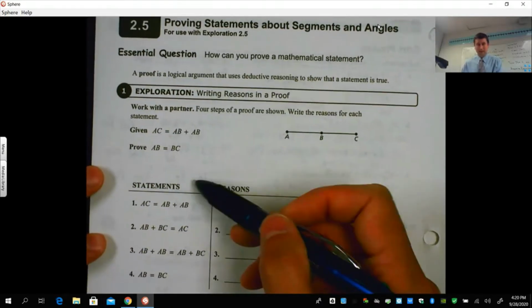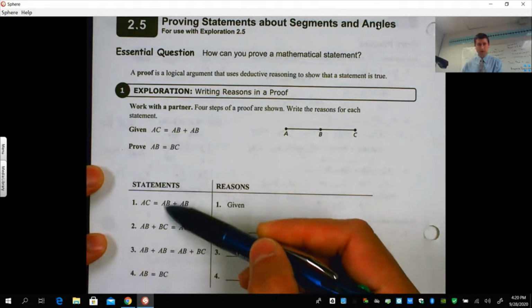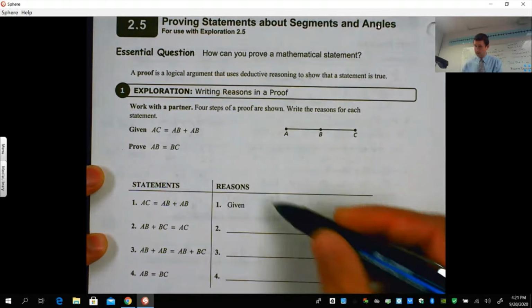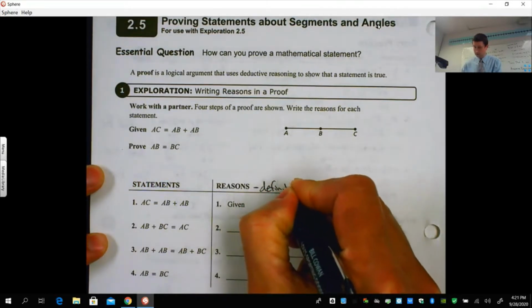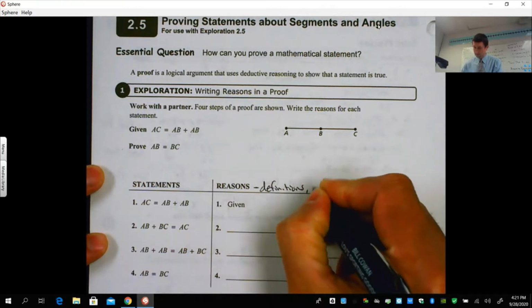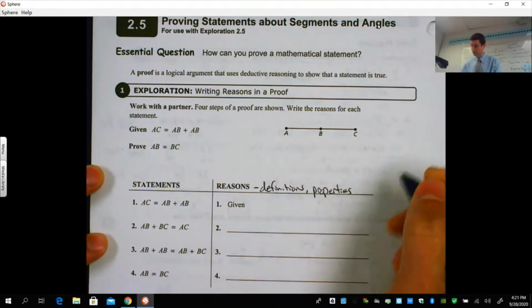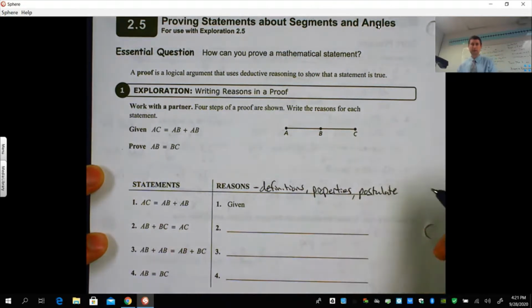We have the statements of something that we want to prove. The statements go down the left, and we have reasons that we have to come up with on the right. These reasons have to be definitions, properties like the subtraction property, multiplication property, or addition property, or postulates, like the point-line postulate or the plane intersection postulate.